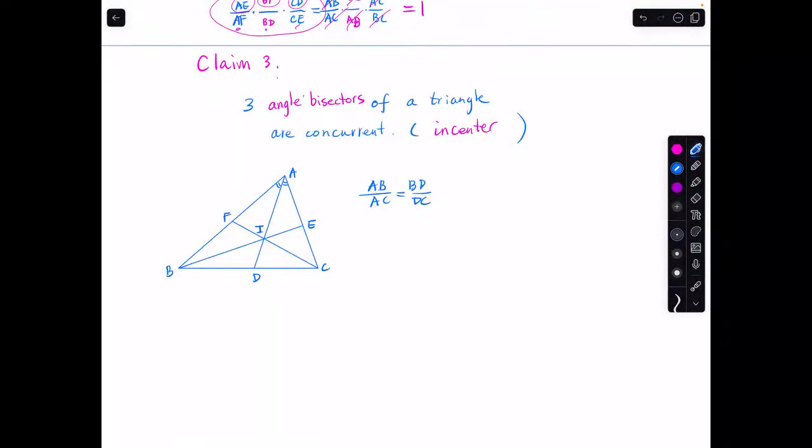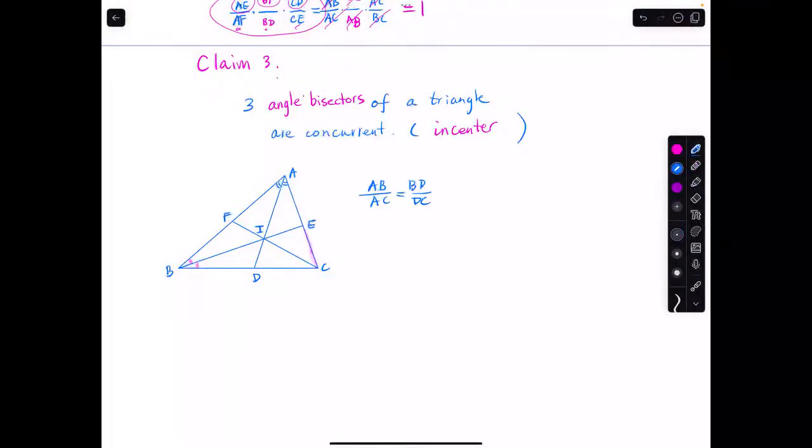So since this is an angle bisector here, if this angle is equal to the other, then the ratio here is CE over EA.